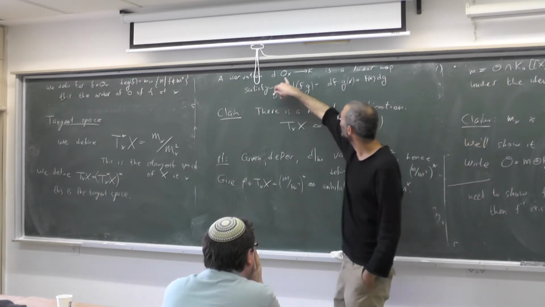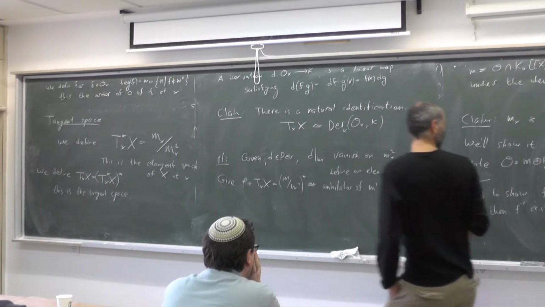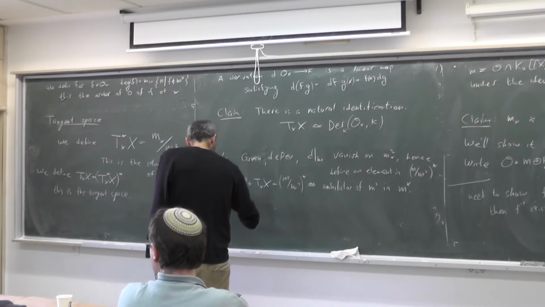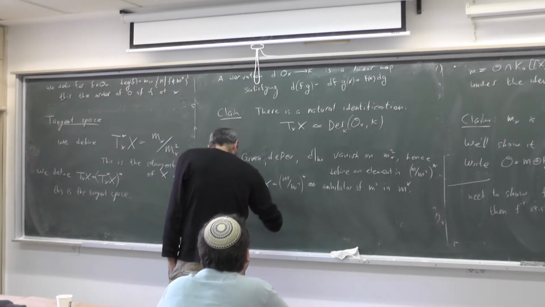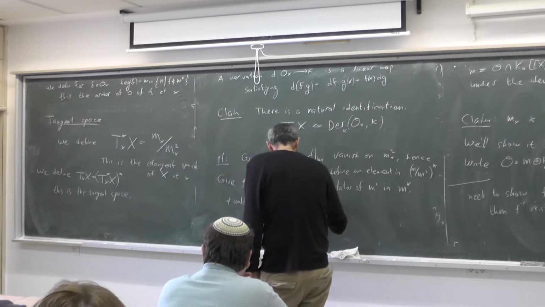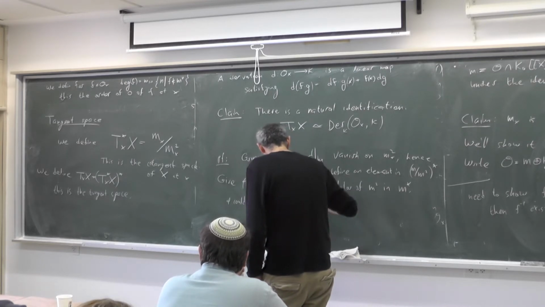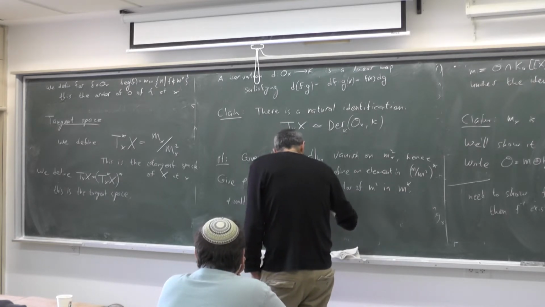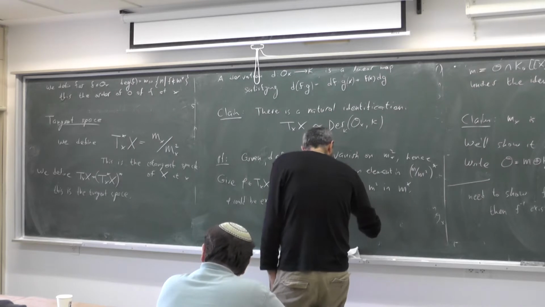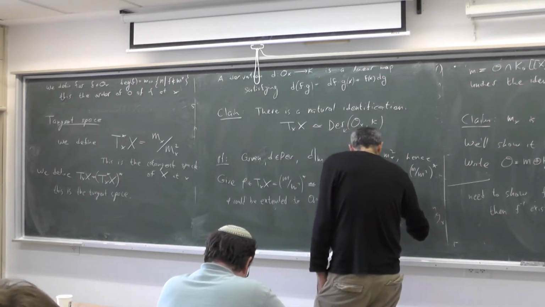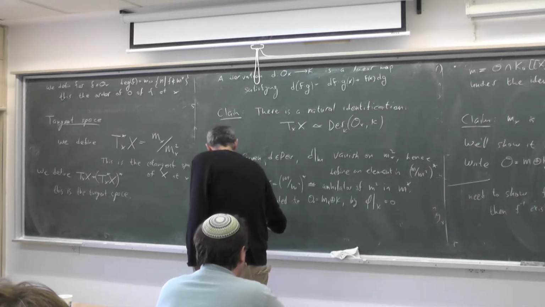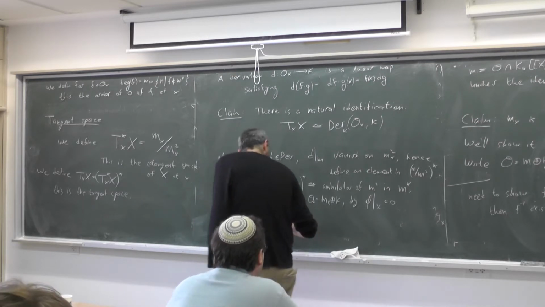But I want an element defined everywhere, so we extend it as 0 here. Phi could be extended to O, which is k plus mx. Check.